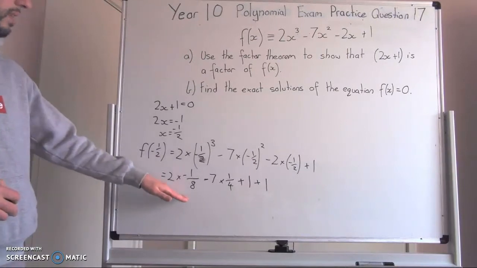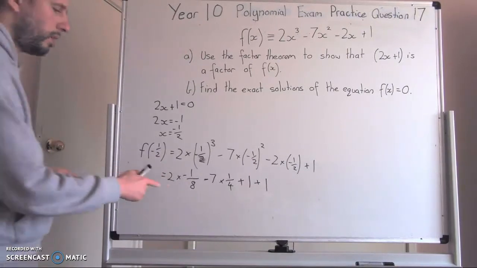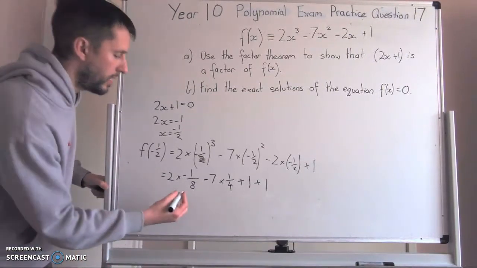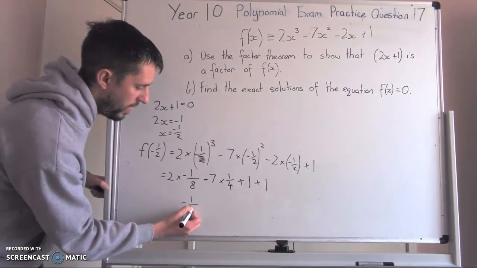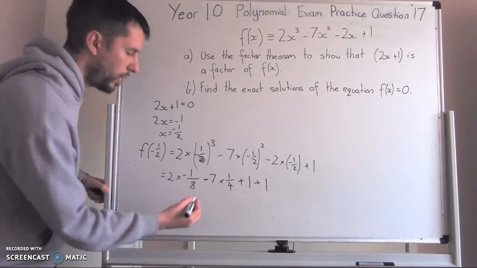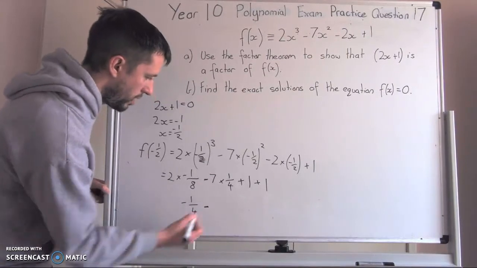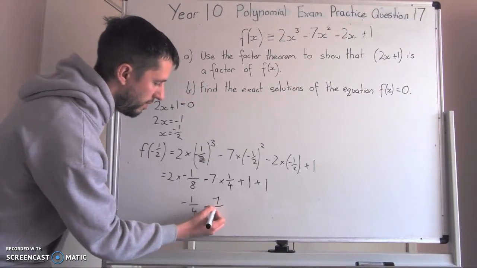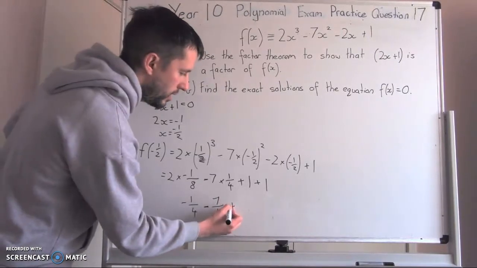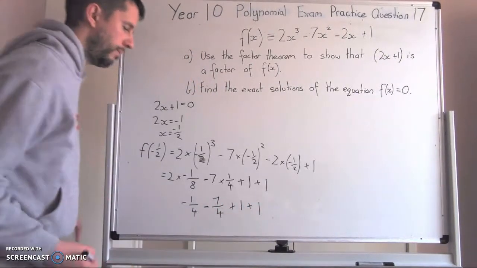I can simplify the first part because 2 times negative 1/8 is negative 2/8, which is the same as negative 1/4. Negative 7 times a quarter is negative 7/4. And then I'm plussing 1.